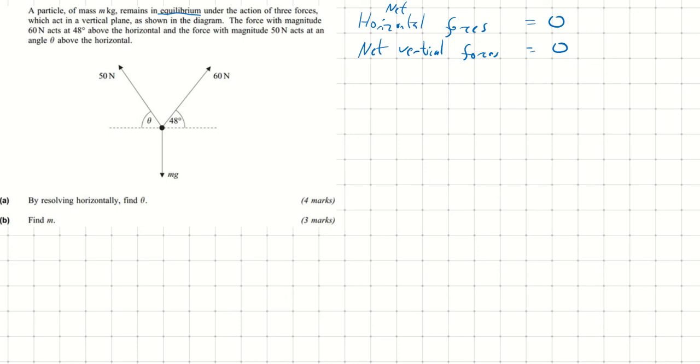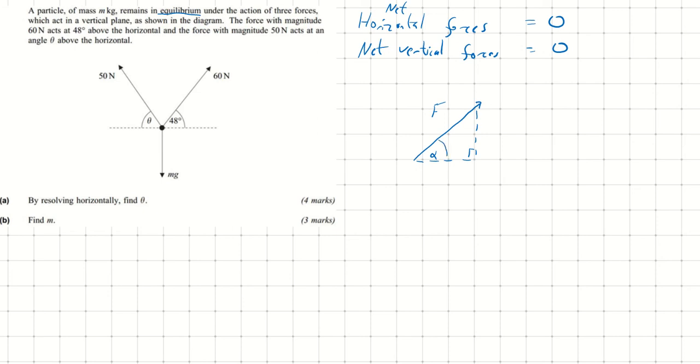So what's vital to this question is knowing that we can break down any force into two components. So if we have a force F here acting at an angle, let's say alpha, to the horizontal, that gives us a right angled triangle, and we can break this force down into a horizontal component and a vertical component.